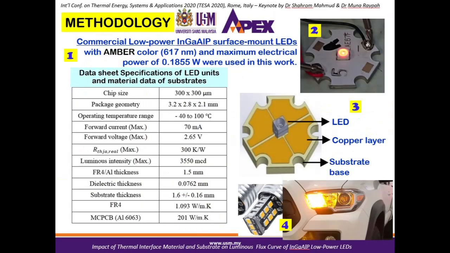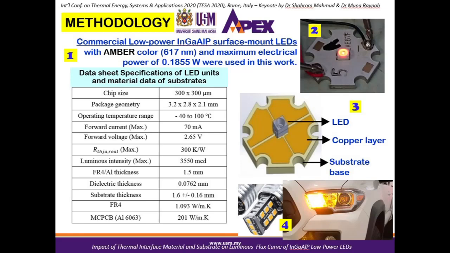Methodology: we purchased commercial low power indium gallium aluminum phosphide surface mount LED as shown in the photograph in item 2. That is the actual sample. The LED produces luminous light at the wavelength of 317 nanometer. That corresponds to the amber color, which is used in automotive lighting as in item 4.